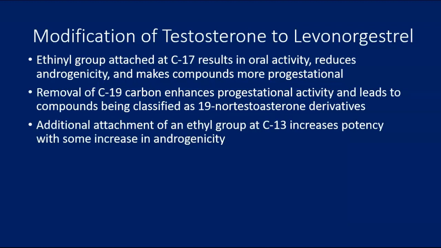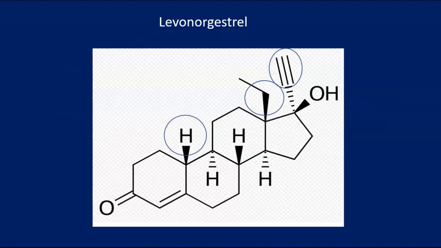Modification of testosterone to levonorgestrel does some of the same things, but now there's also an additional attachment of an ethyl group at C13, which appears to increase the overall potency. But again, this is coupled with maybe some increase in androgenicity. And we can see again here at C13, sort of between the C19 and C17, where that group has been added.